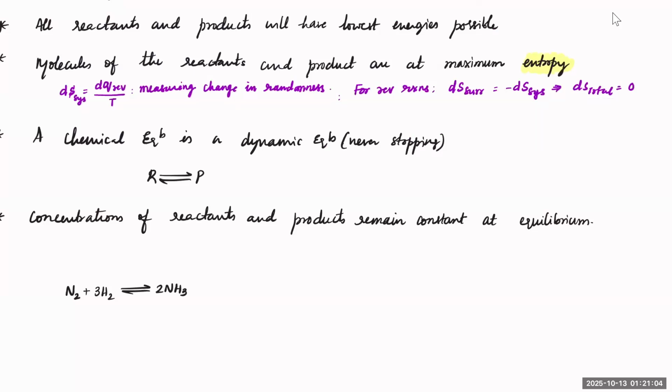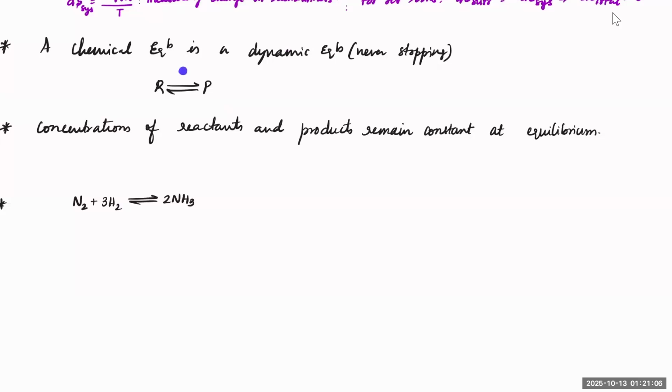Clear? And see, a chemical equilibrium is always dynamic. That means it is never stopping. So a reactant is continuously converting into product, and product is continuously converting into reactant.